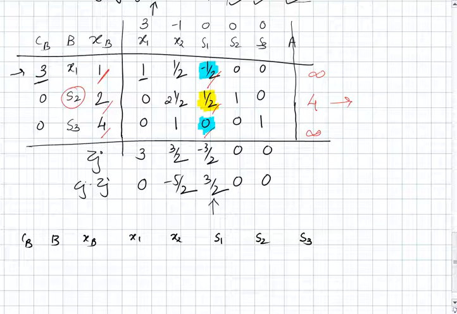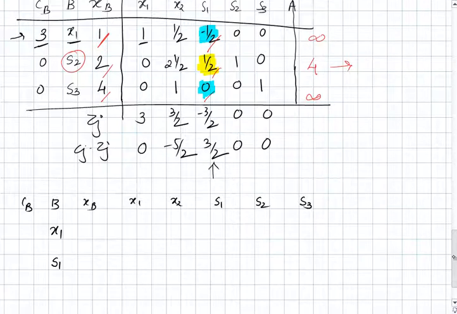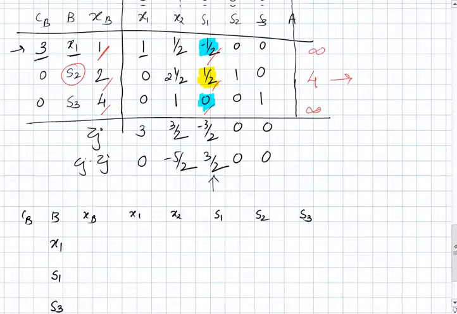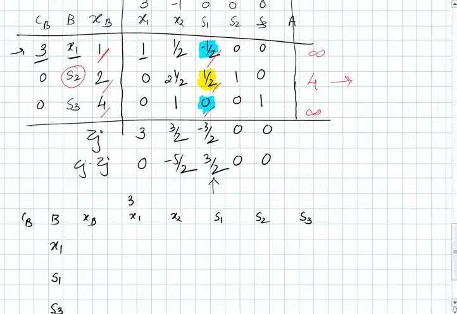In the basis now we have x1, s2 is now replaced by s1, and s3 is as it is. Coefficients are 3, minus 1, 0, 0, 0. x1's coefficient is 3, s1's coefficient is 0, s3's coefficient is 0.